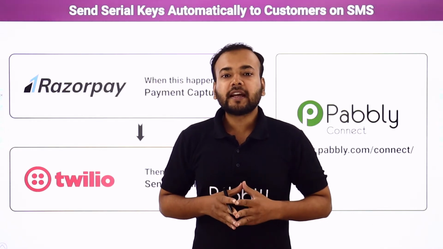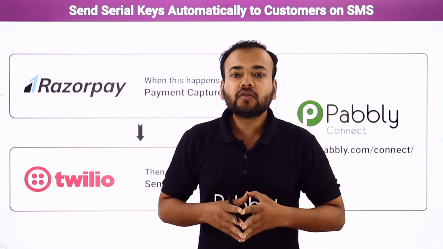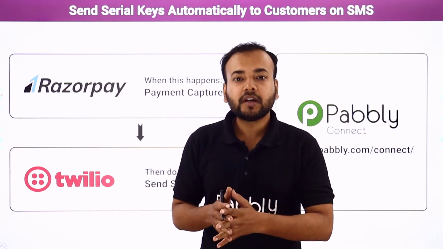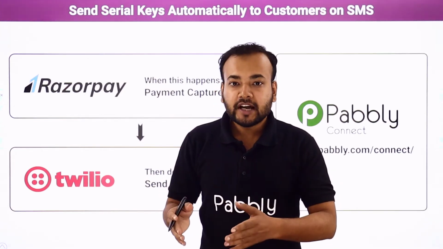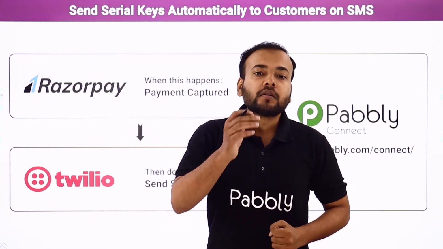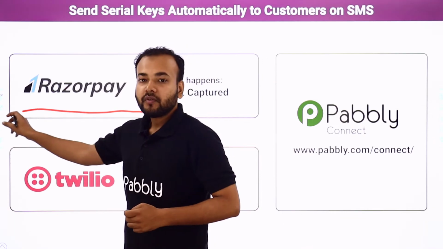Suppose that you are selling any software or application online, right? And you want to share with your customers the activation key of that software after they purchase it, so that they can use that key to run that software after installing it, right? Now you are using Razorpay application to receive the payments of your software.